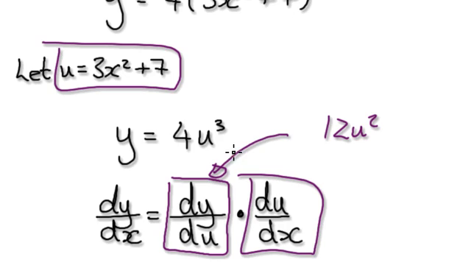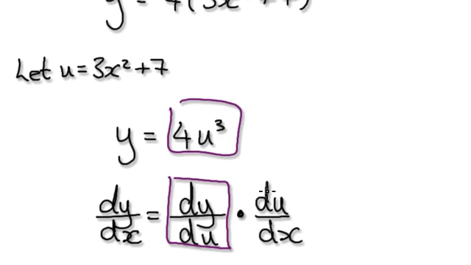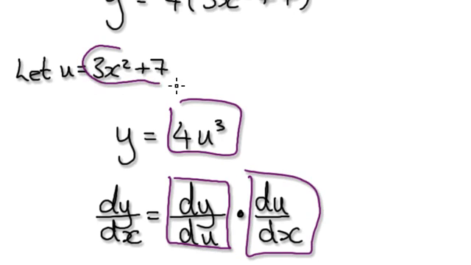So it's basically what we're doing. Differentiate this, which is this bit here, and then times it with u. In a way, this is our bubble here.